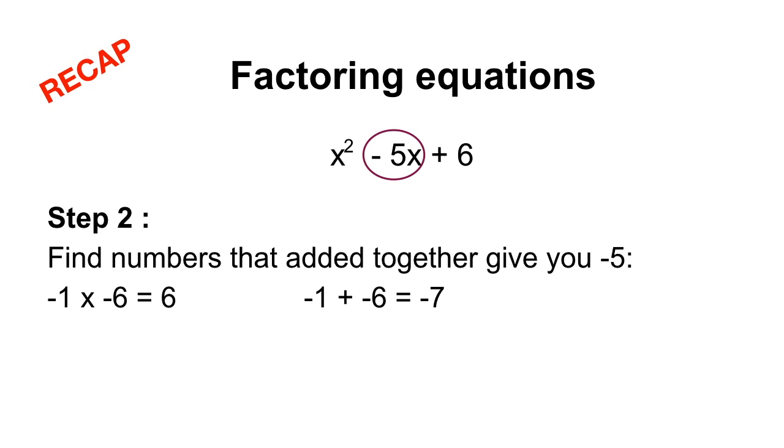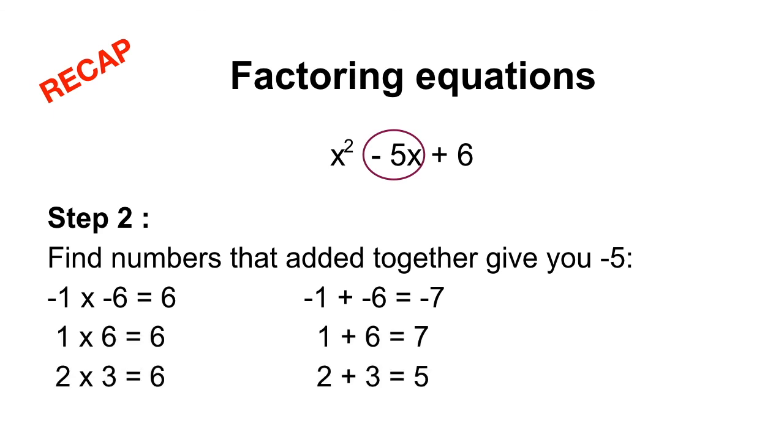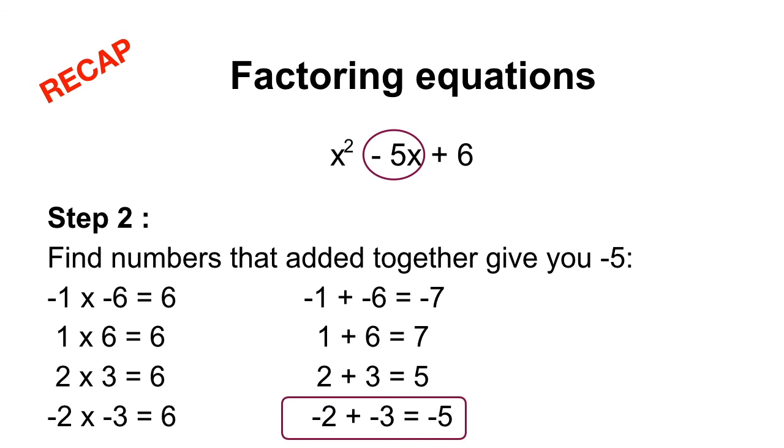Minus 1 times minus 6 gives us 6, but when you add them together, that gives you minus 7. So that wouldn't work. The second one wouldn't work, this one wouldn't work, but this last one works. So minus 2 times minus 3 is 6, and minus 2 plus minus 3 is minus 5. So those are your factors.